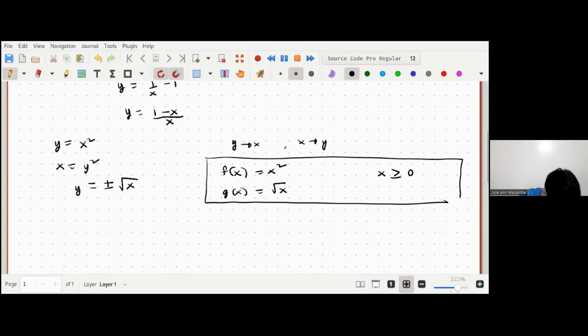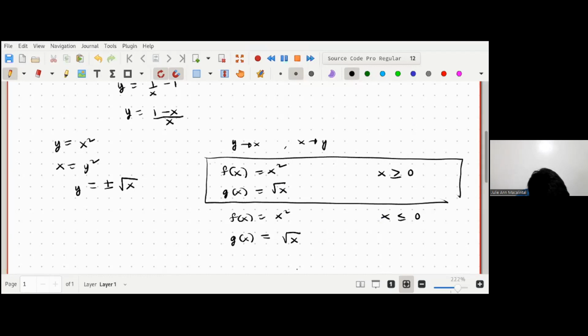Ngayon, tingnan natin, what if ang restriction natin on y equals x squared ay x is less than or equal to 0. So, pag yung function natin na f of x defined for x less than or equal to 0, yung appropriate na inverse is square root of x.